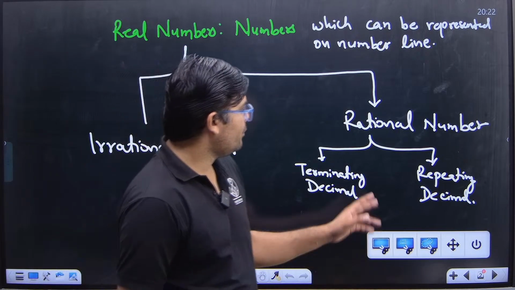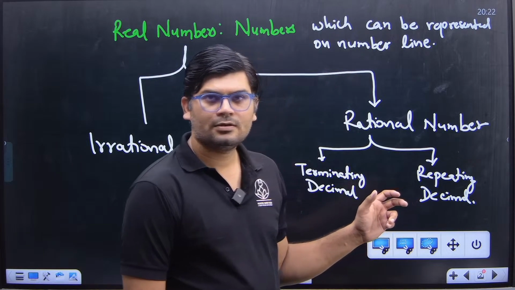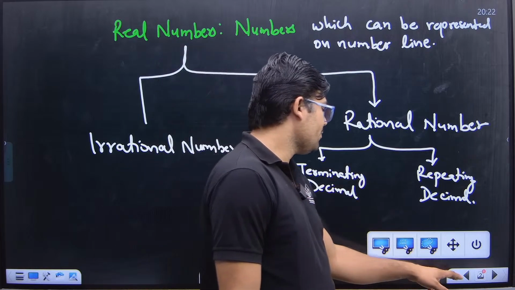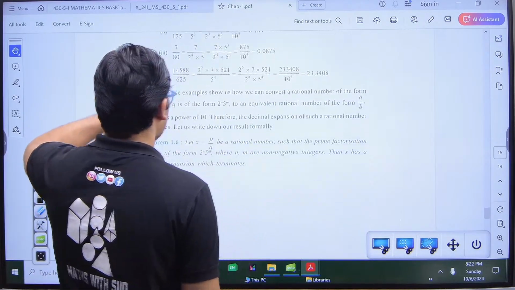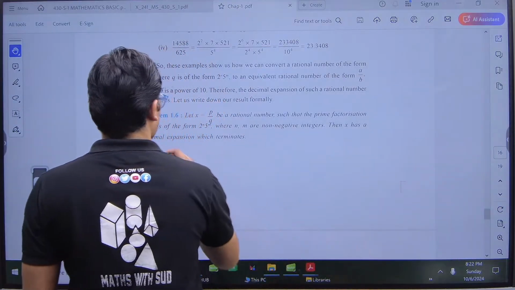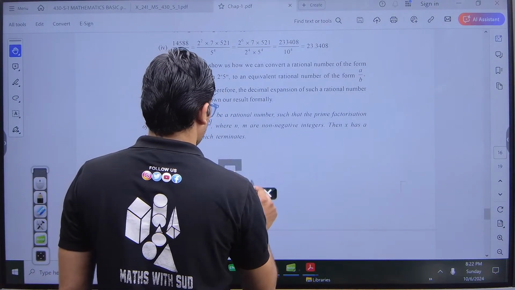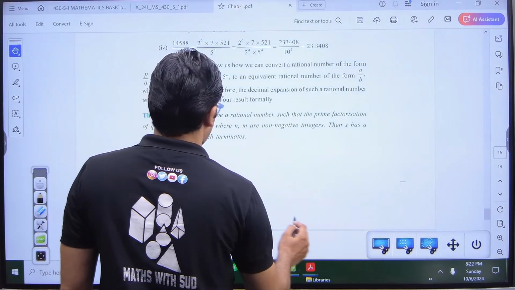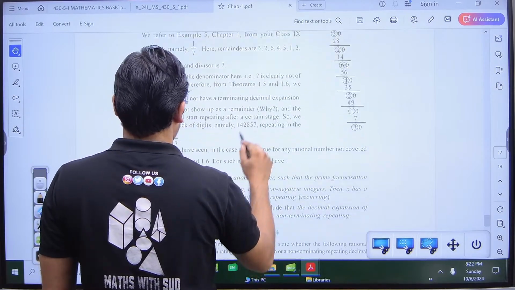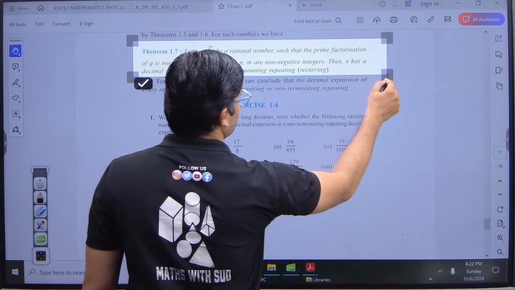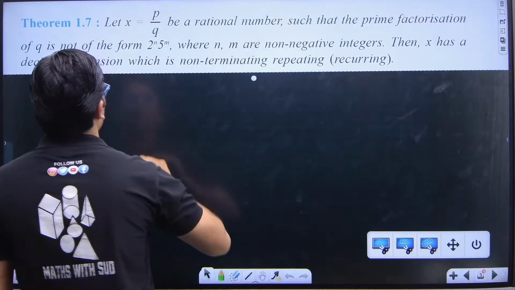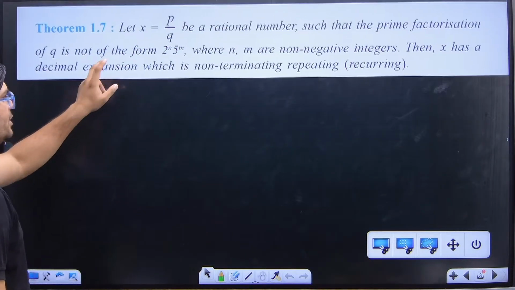So you understood one part. Now, coming from the terminating decimal to the repeating decimal, please write down this definition as well.